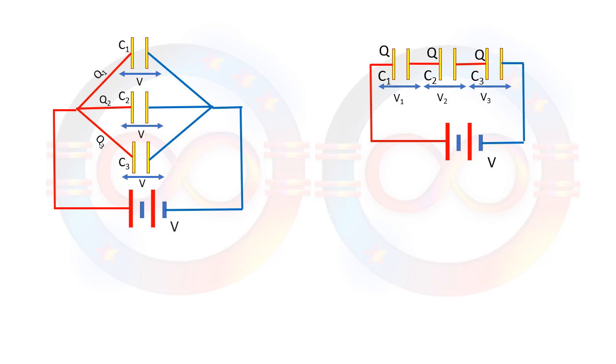Out of the 4, 2 or 3 we learn in the first 2, 3 chapters: combination of capacitors, then combination of cells, then combination of resistors, and in electromagnetic induction, combination of inductors.